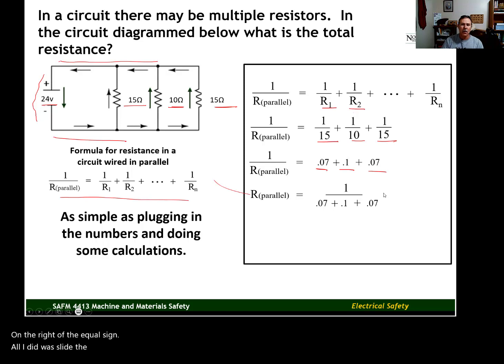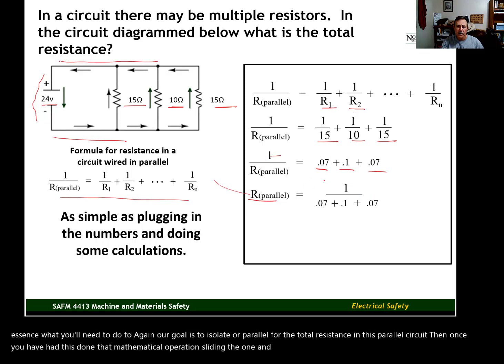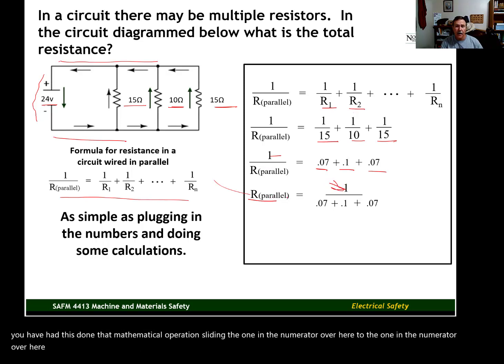And again, I'm not going to go into the mathematical mechanisms involved there, but that's in essence what you'll need to do. Again, our goal is to isolate the total resistance in this parallel circuit. Then, sliding the 1 in the numerator over here, the 1 in the numerator cancels out on the left, and it remains on the right of the equation.